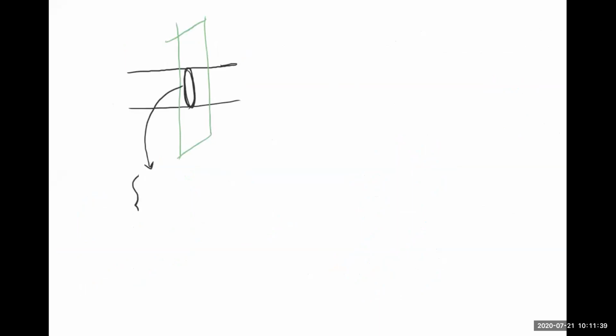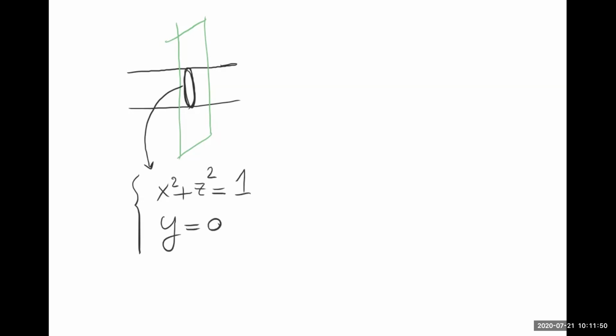Now we have this cylinder we sketched, and this plane, and their intersection is this thing. Intersection means these two equations hold at the same time. So x squared plus z squared equals 1, and y equals 0 at the same time.